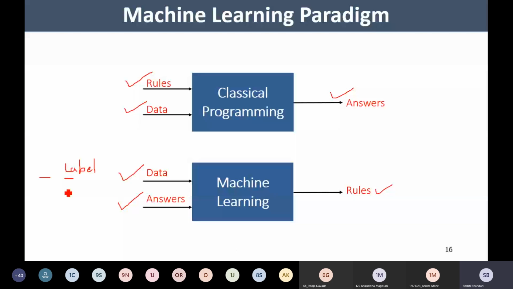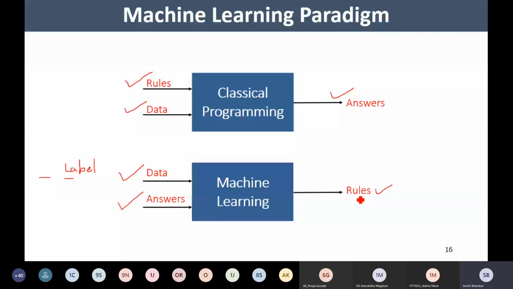Now, with such data, I'm not giving any kind of rule to my machine learning system. My machine learning system will analyze the data and provide me the rule. Right?